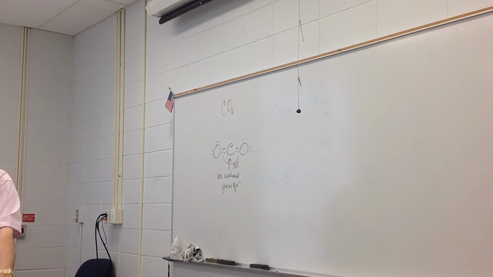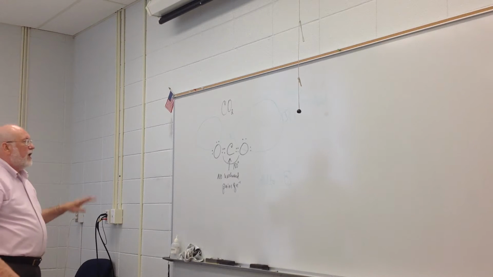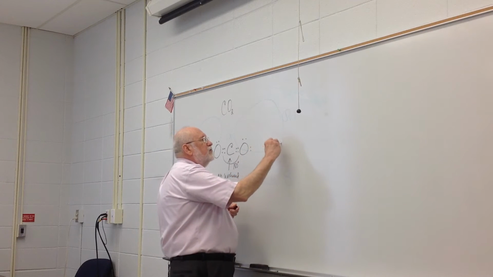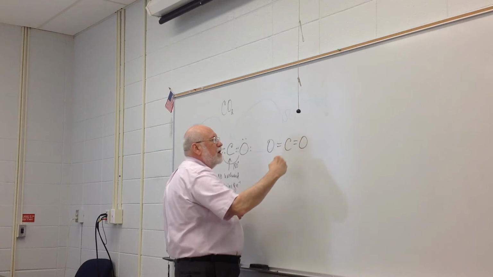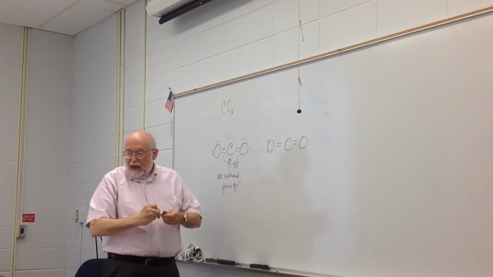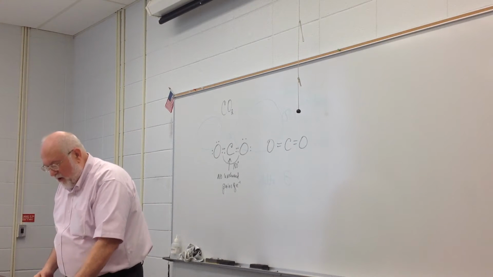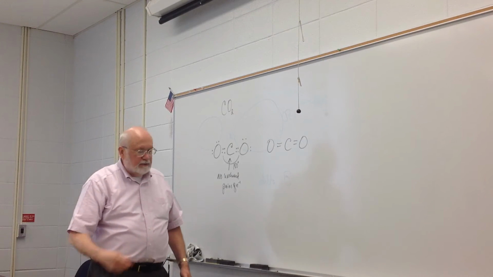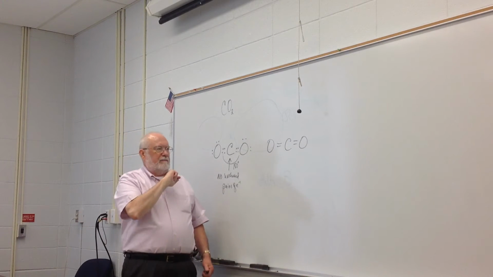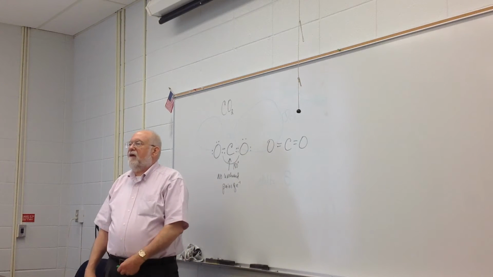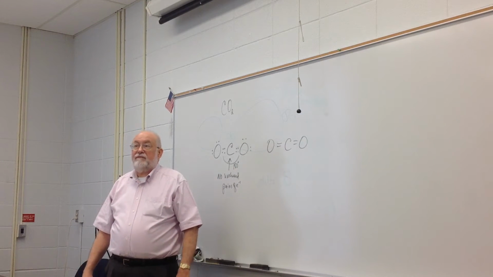All right? Now, let's take a look at the bonds. All right, let's just redraw this as a structural formula here. And let's take a look at the electronegativities of our two bonded atoms. All right. Carbon and oxygen. Which one is likely to have the higher electronegativity?